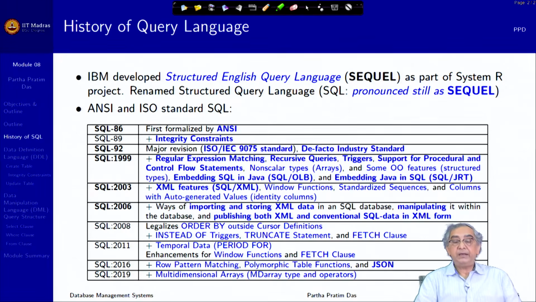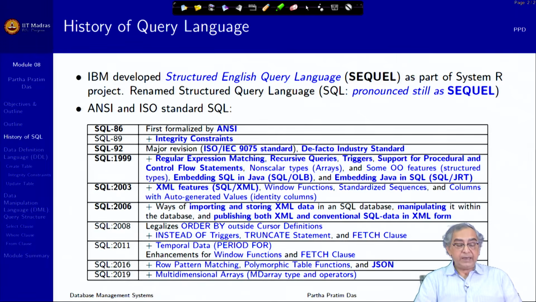In 89, integrity constraints were added to that, but the major thing happened in 92, SQL 92, when the first international standard, ISO standard as we say 9075 was released, and till date we are going with that standard, making revisions one after the other. And once this international standardization happened, naturally it started becoming a de facto industry standard.